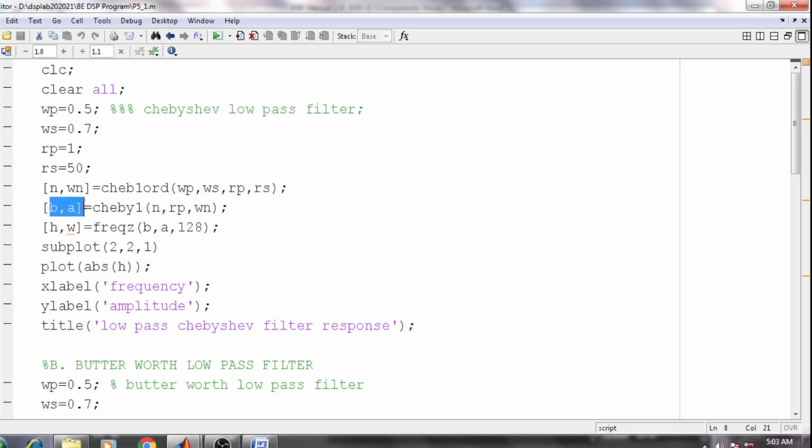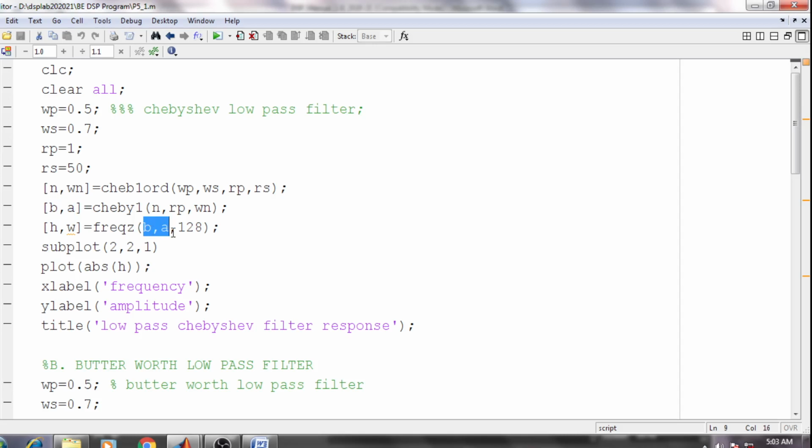These two coefficients are enough for finding the poles and magnitude of the filter. So the B and A coefficients obtained from this Chebyshev filter are passed to the freqz function.